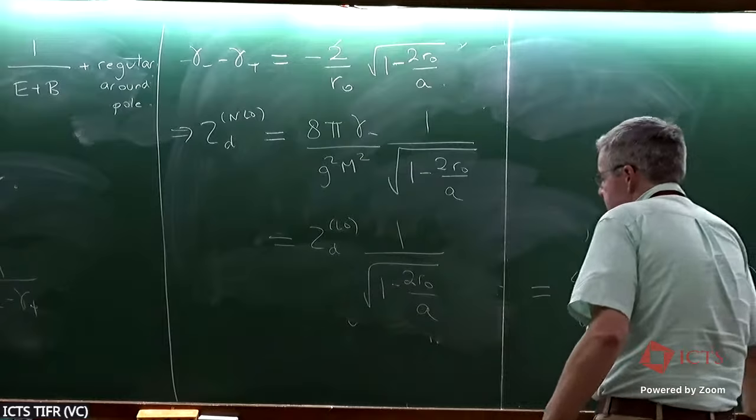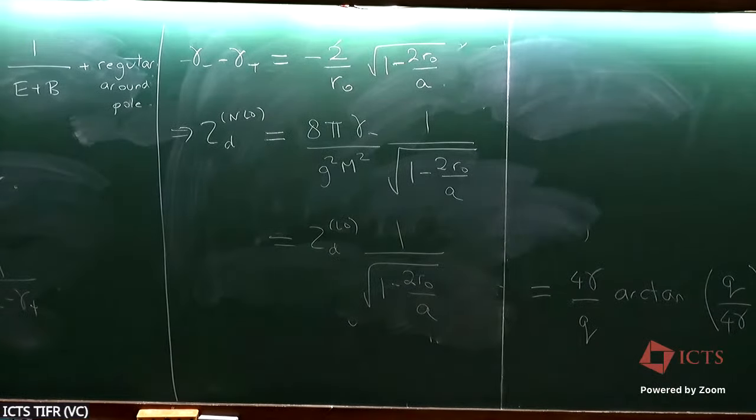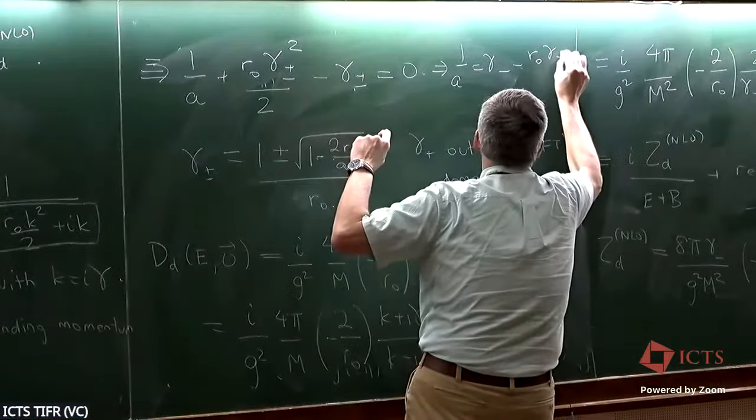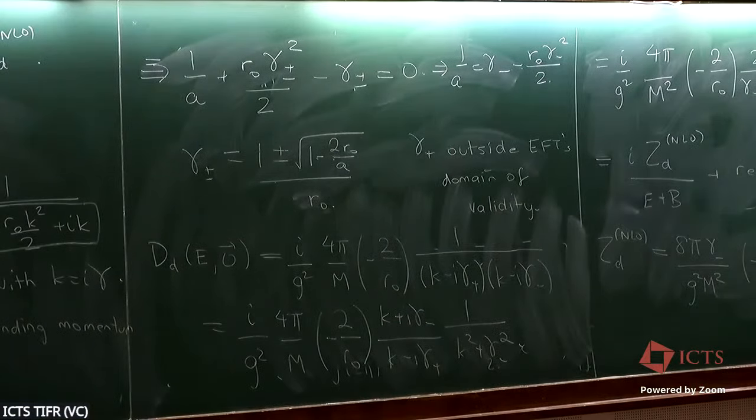There's actually a simpler form of this, which I'm going to utilize. The simpler form comes from realizing that there's an identity here that 1 over a can be replaced by gamma minus r0 gamma minus squared over 2. And when you substitute this in here, you have a perfect square downstairs.